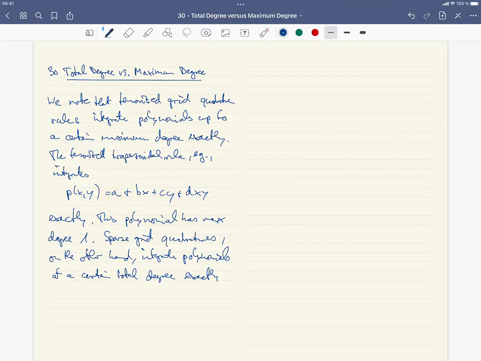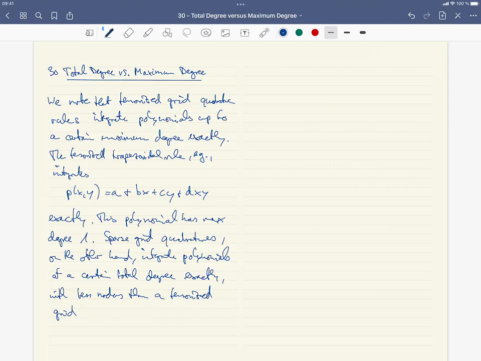So if I have a quadrature rule that uses a minimum number of points to integrate those polynomials exactly, I can hope for fewer nodes than a tensorized grid. So that's the main idea.